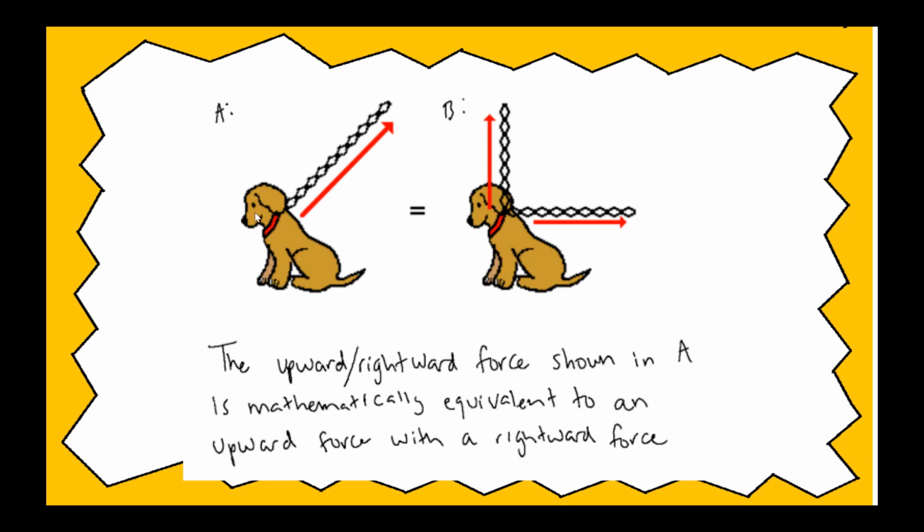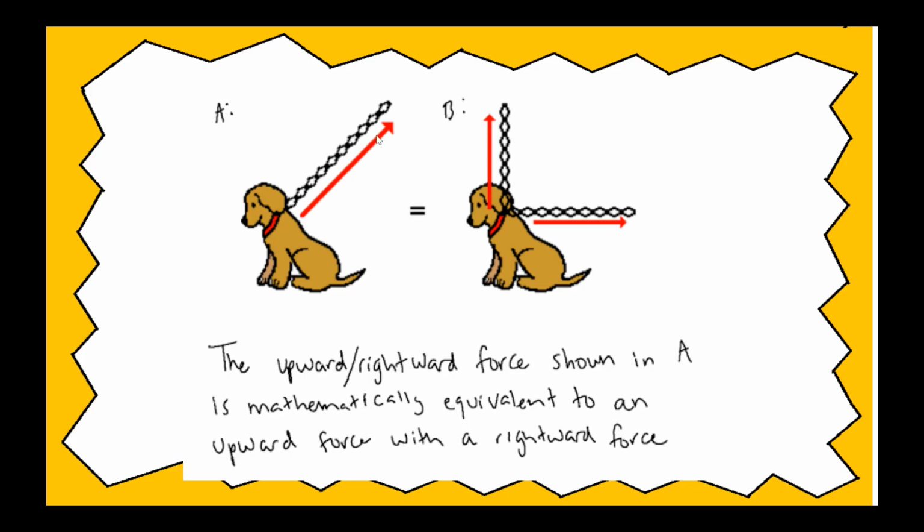But imagine you have a dog that has a leash on it, and the leash is being pulled upward and rightward with some force. There's a situation where you could have a rightward and upward force, so there's 2 leashes acting on the dog, and if they're pulled with a very specific upward and a very specific rightward force, this dog would not be able to tell the difference between this situation and this situation.